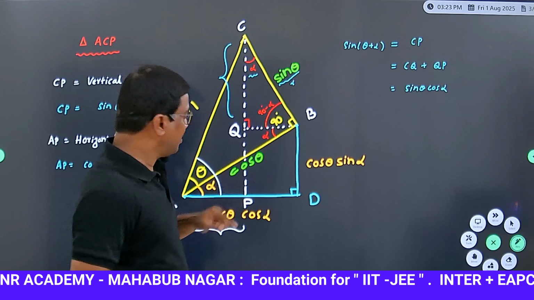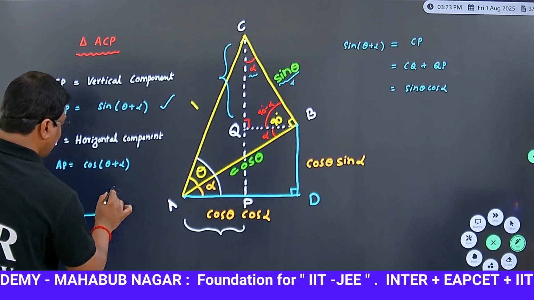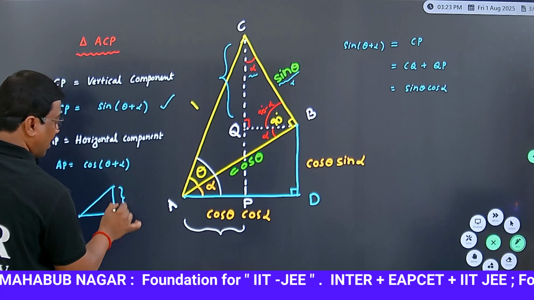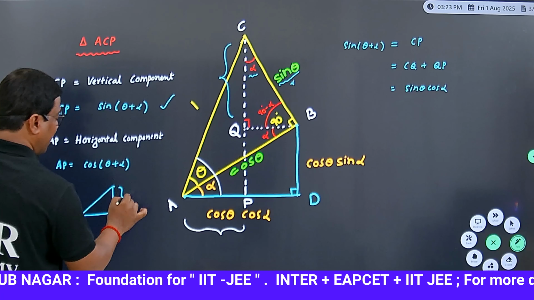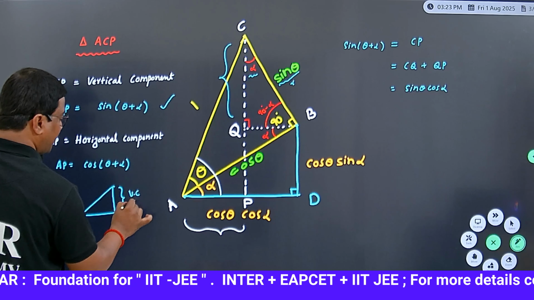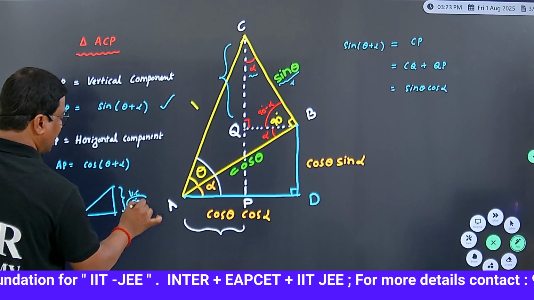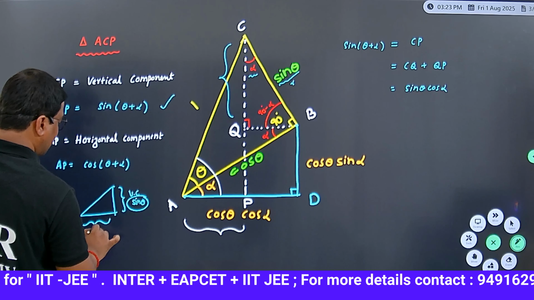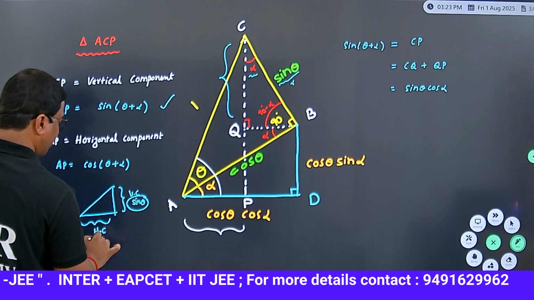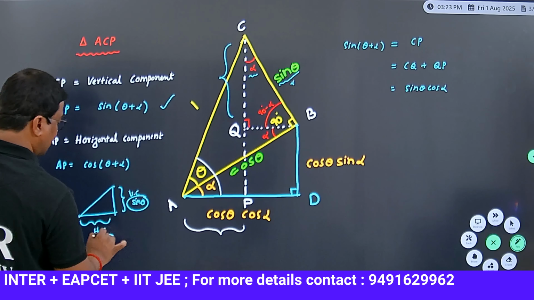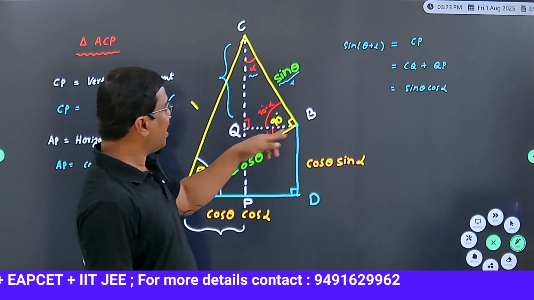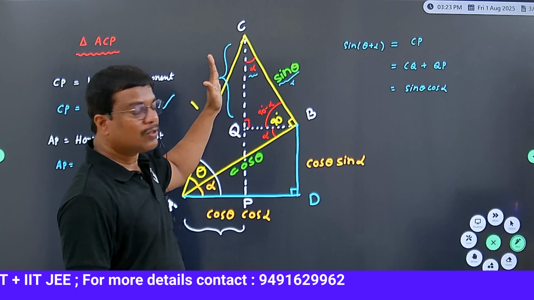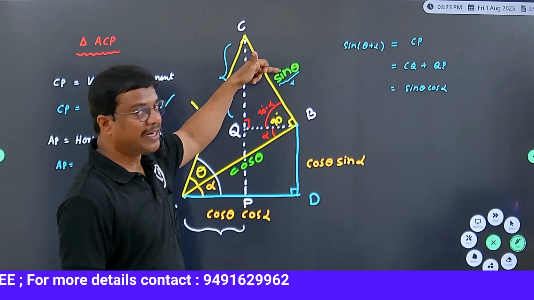Next, this is the perpendicular. In a right angle triangle, the perpendicular height is the vertical component sin theta, and this is the base, the horizontal component. So here in this right angle triangle, this is cosine of the angle cos alpha along with radius sin theta.